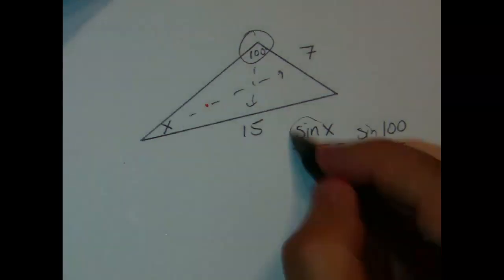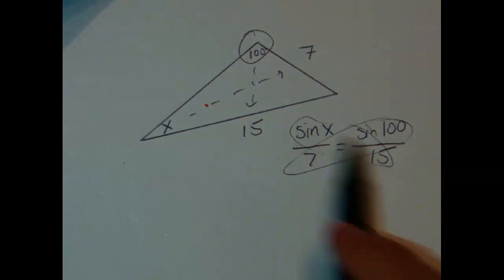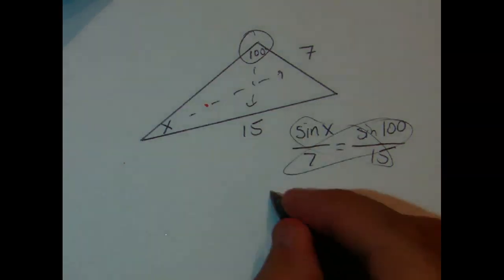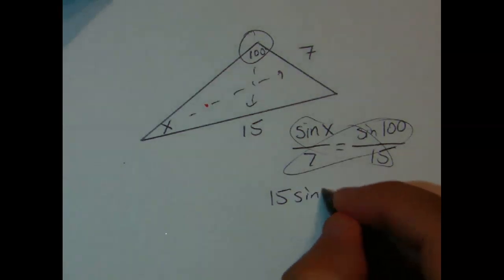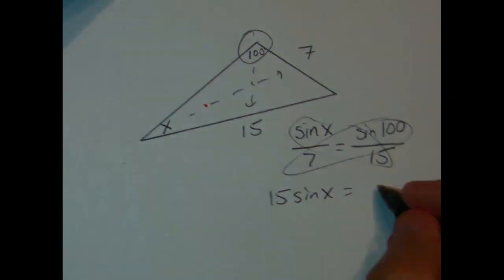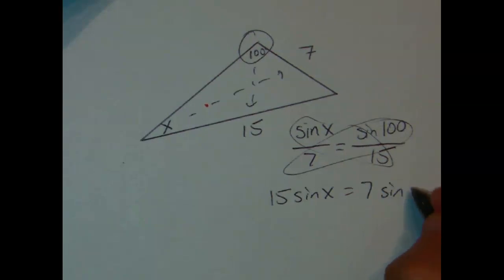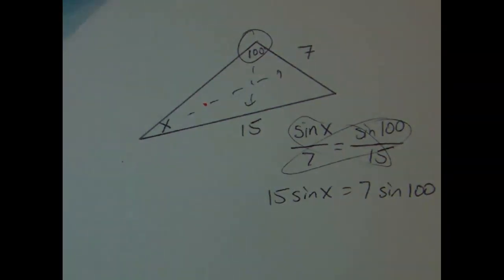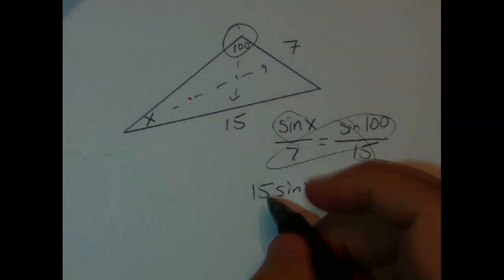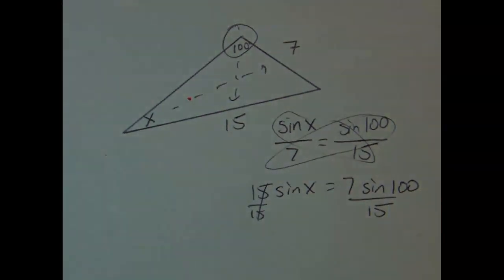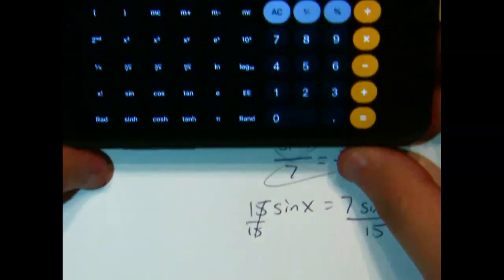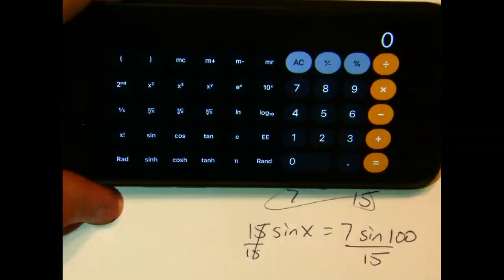Alright, so we cross multiply and divide, and this time I'm going to use the x on the left side just to show you get the exact same answer. So 15 sine x equals 7 sine 100. Divided by 15, divided by 15. Let's pick up our calculators and do the same thing. Turn it sideways, and let's make sure we go in the correct order.